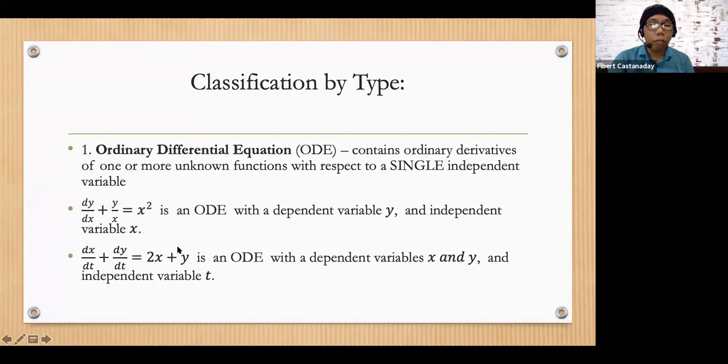As you can see, it has one independent variable, and that independent variable is t. And the unknown functions here, since you can see dx over dt and the other term dy over dt, the dependent variables here are x and y. But most of the time we'll be using an ODE with one unknown function and one independent variable. Okay, any question?